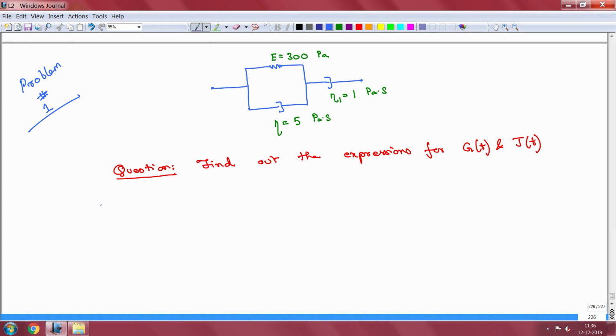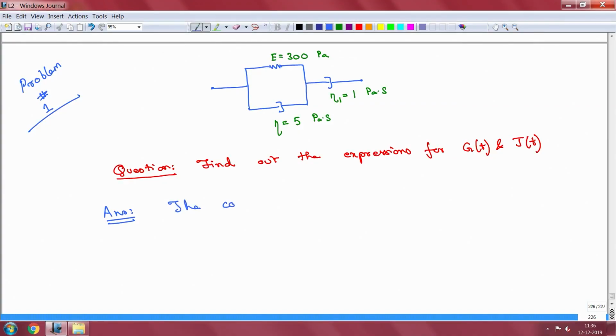Okay, now let us try to solve this particular problem. This will be the constitutive equation for a Jeffrey's element, and we have already seen that in one of the classes, we have already worked that out. So we are not going to repeat ourselves, we are just going to take that result.